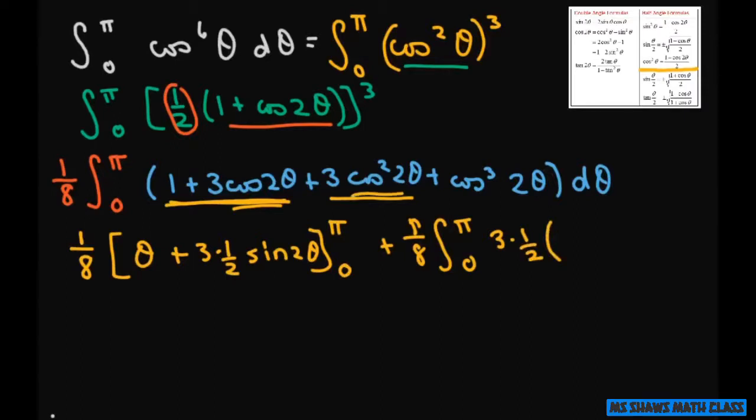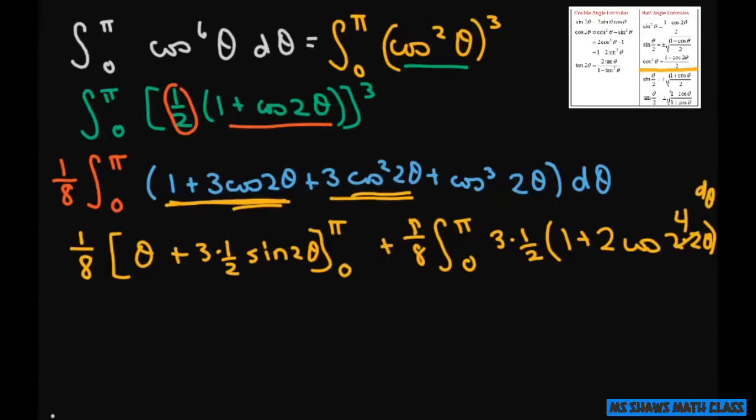And I'm going to use my half angle identity again. So I'm bringing out the 1/2. This is going to be 1 plus 2 cosine of 4 theta. It's 2 times 2 theta, d theta. So this is just going to be 4. Don't forget to put your d theta.